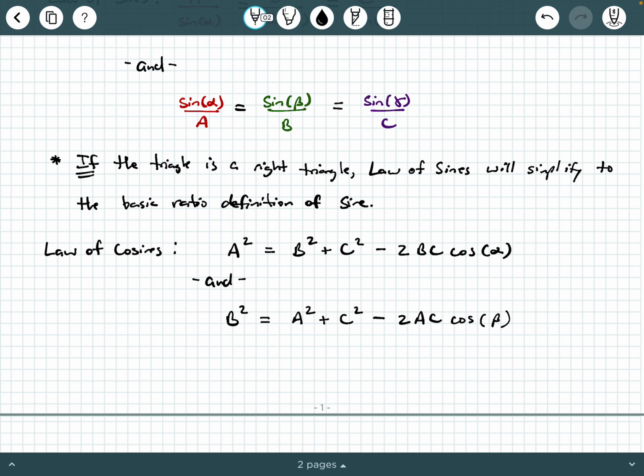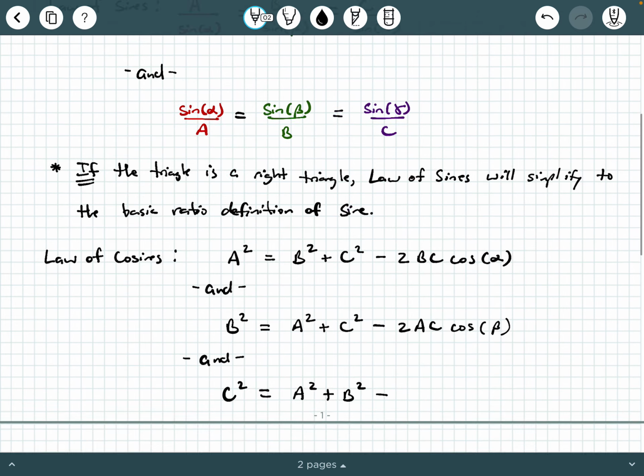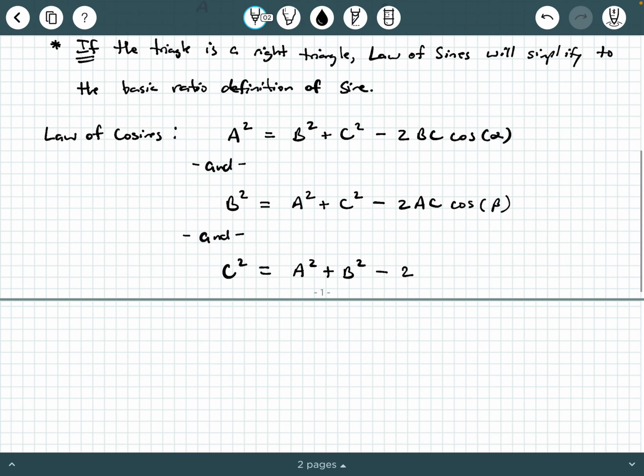Now, with that said, what's a third way I can write this? I could say C squared is equal to A squared plus B squared minus 2AB cosine gamma, okay? Now, here's the other thing you want to be careful about. Remember your algebra, okay? When you're looking at the sum of each of these sides squared, you square them first, then you add them together.